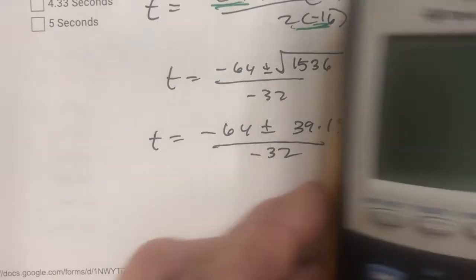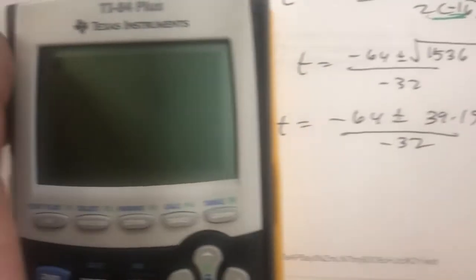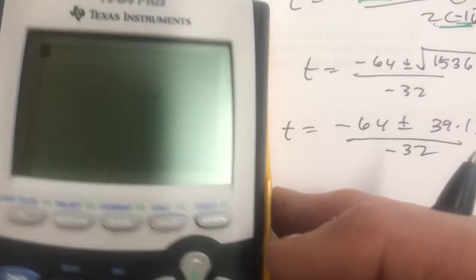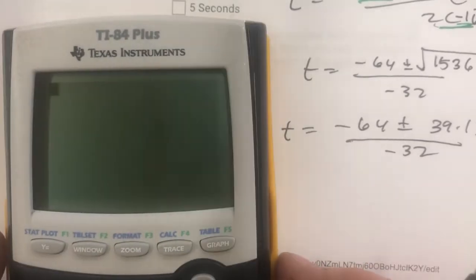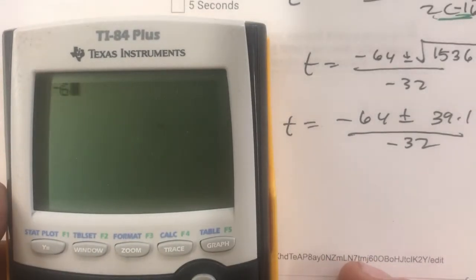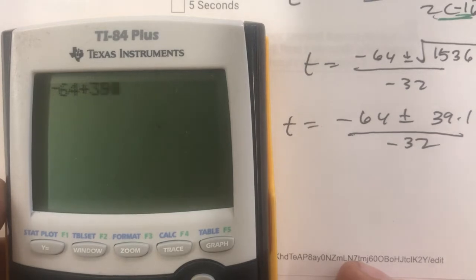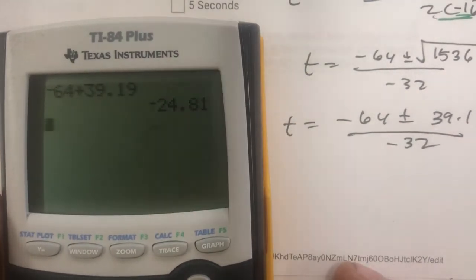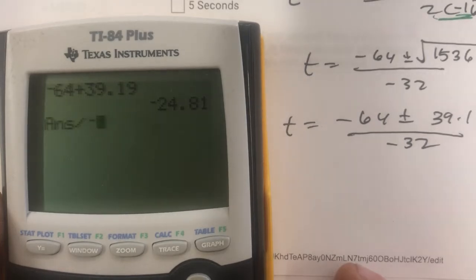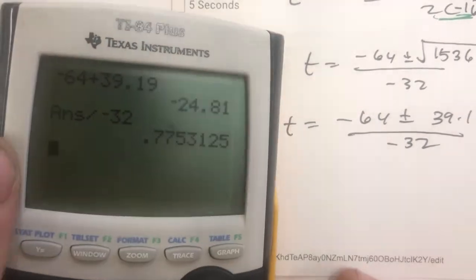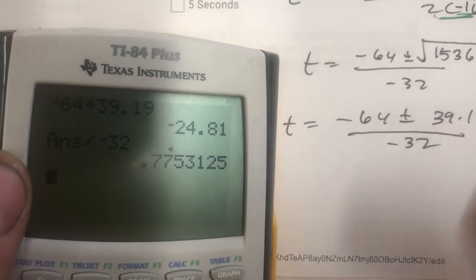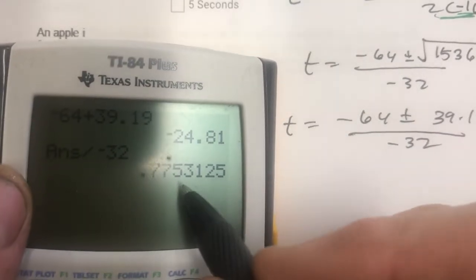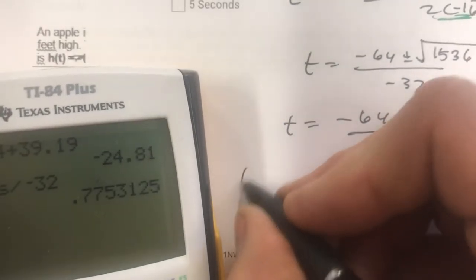So over here where you can see it. Okay. So I'm going to do negative 64 plus 39.19. All right. And I'm going to divide by negative 32. And I get that right at 0.77. 0.78 if I round it. The 5 makes the 7 go.